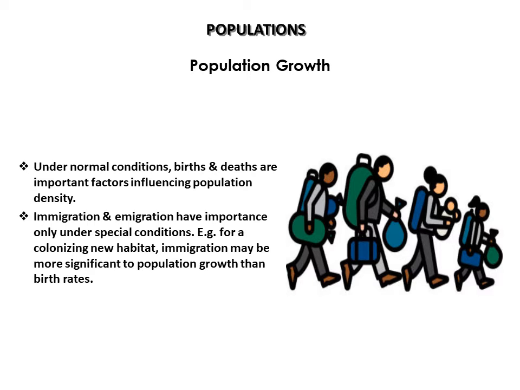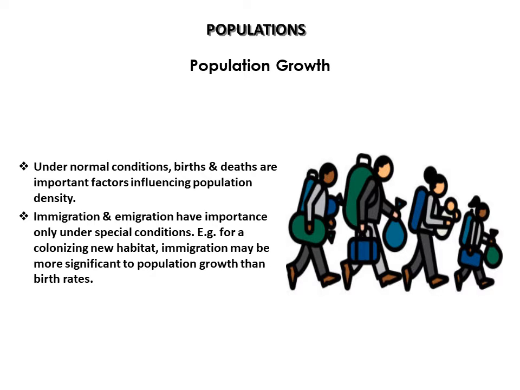Under normal condition, births and deaths are important factors and they influence the population density always. Emigration is again important, but only under special condition. That means if you are moving to a new habitat and making a new habitat, then only the emigration may be more significant to population growth than the birth rate.